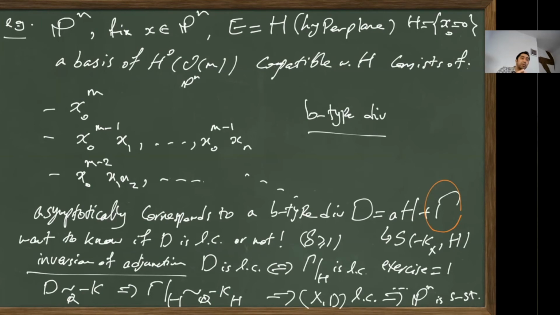Right? That's why it becomes useful when you go down. And that's because I made the choice of E to contain my point X.